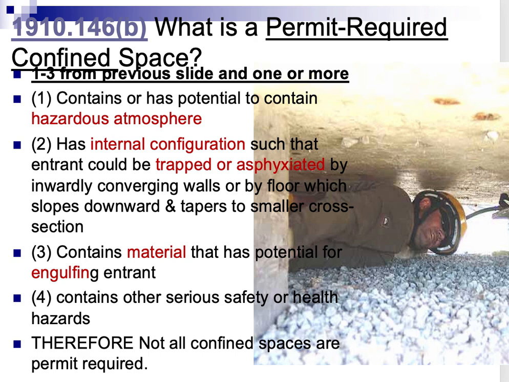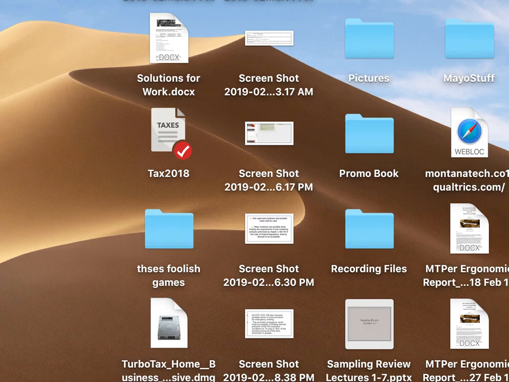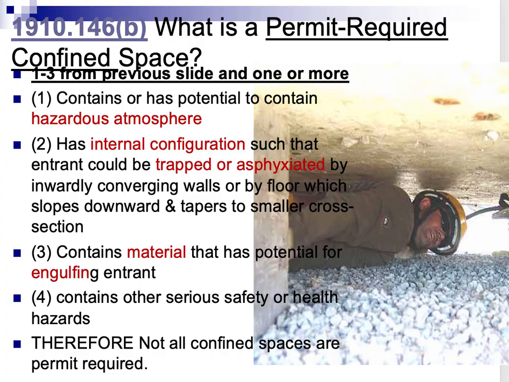So for example, if you have to climb over baffles. A permit required confined space may contain materials that has the potential to engulf the entrant, such as a grain silo, or contain other serious safety and health hazards that aren't defined in 1 through 4. So therefore, not all confined spaces are permit required confined spaces.